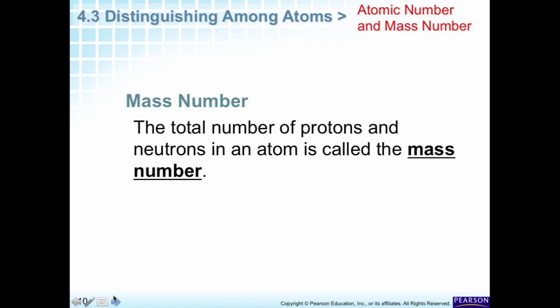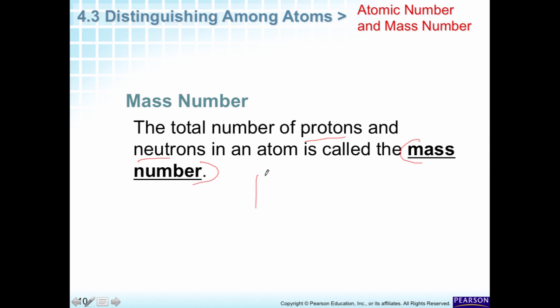Very simple. Now mass number, okay, a lot of you had this question when you were doing your element project, so it's a very, very simple term. Mass number is not atomic mass. We're going to talk more about atomic mass later on. So when we add the number of protons and neutrons together, this is called our mass number.